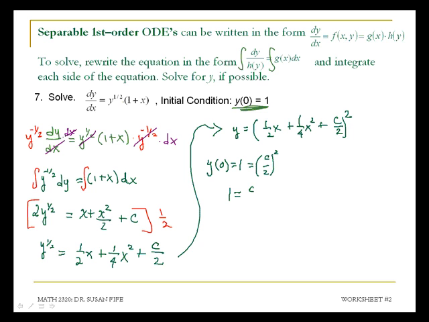That gives me 1 is equal to c squared over 4. Multiply both sides by 4 to get 4 is equal to c squared. Then when you solve for c, you get c is equal to plus or minus the square root of 4, which is 2. c is equal to plus or minus 2, and we can choose the positive one because up here we've got the square root of y.